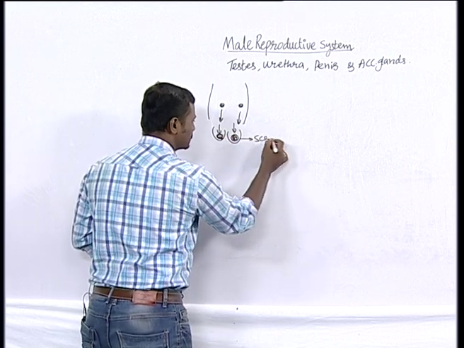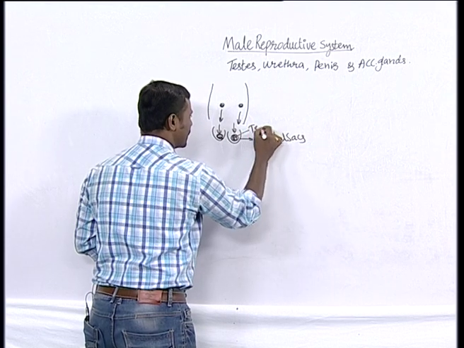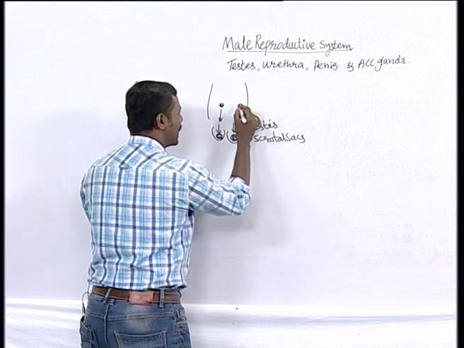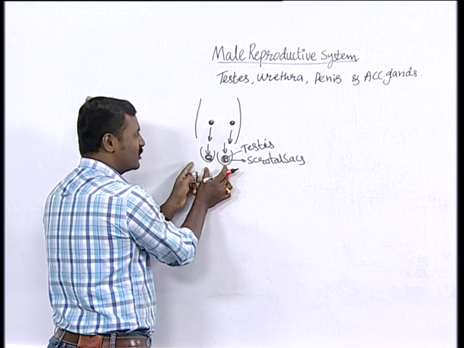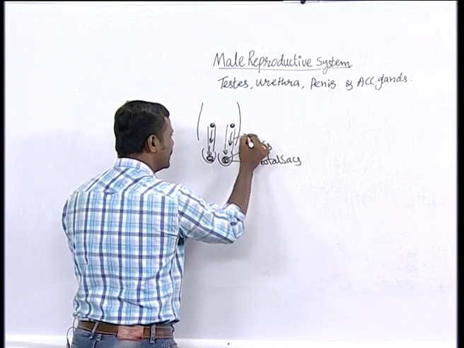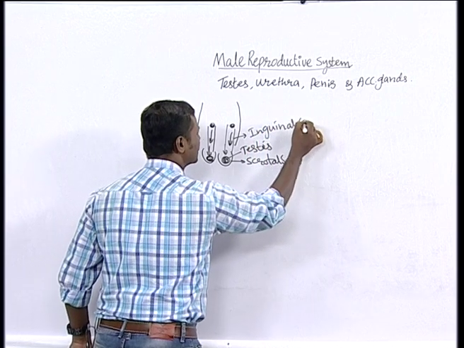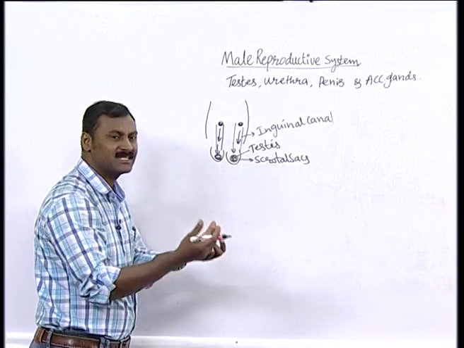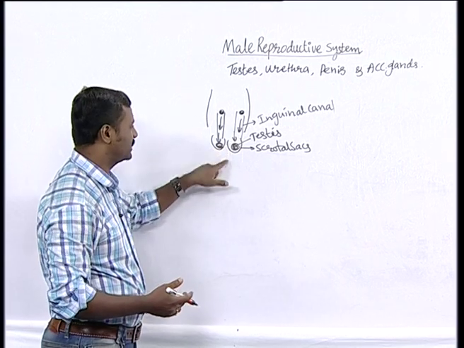Where are they coming from? They are coming from the abdomen into the scrotal sacs. What is this canal? This canal is called the inguinal canal. Through the inguinal canal the testes are placed in the scrotal sacs, just before the delivery.